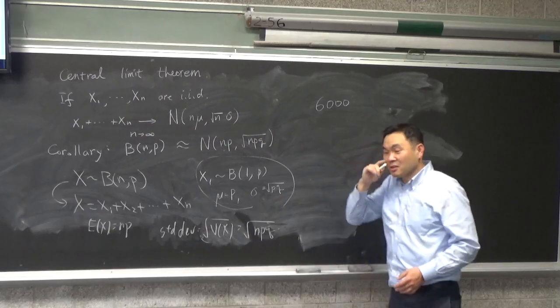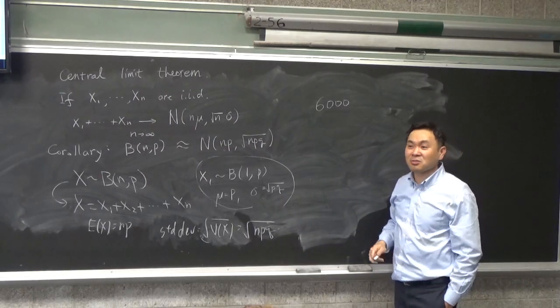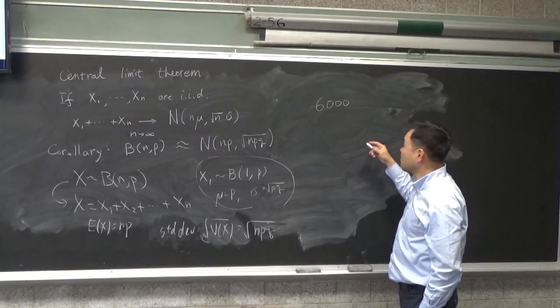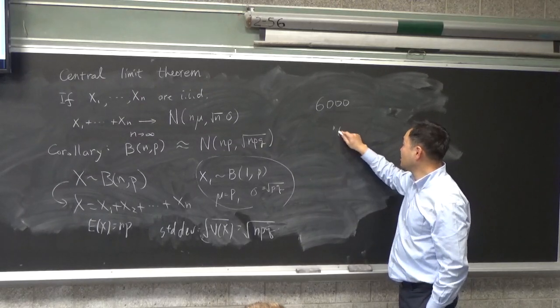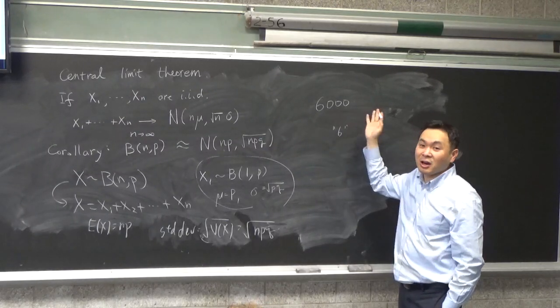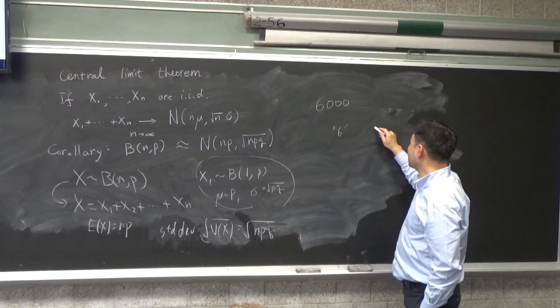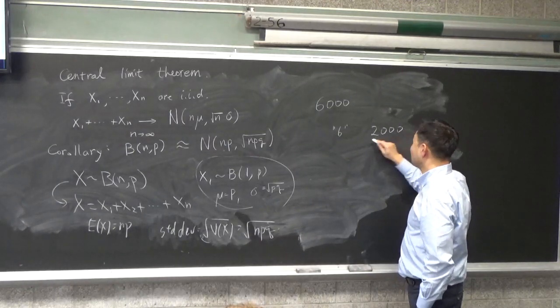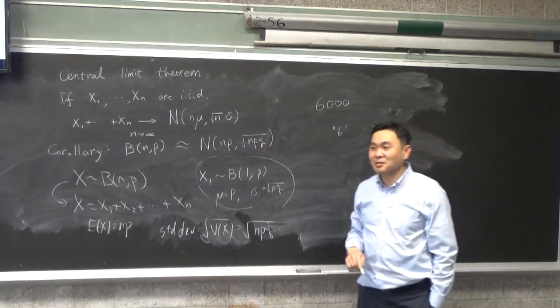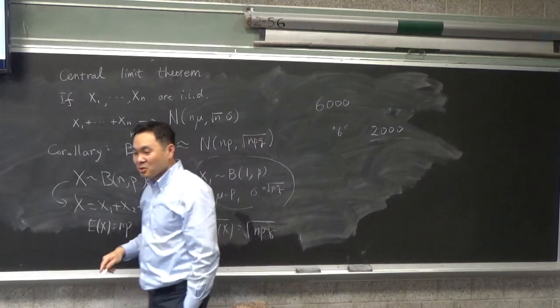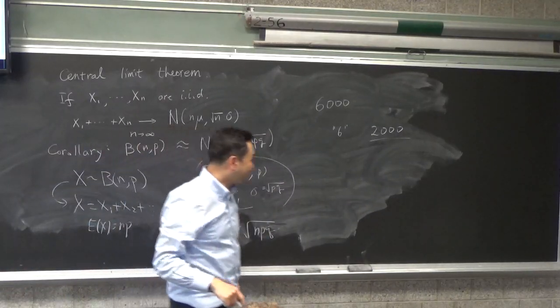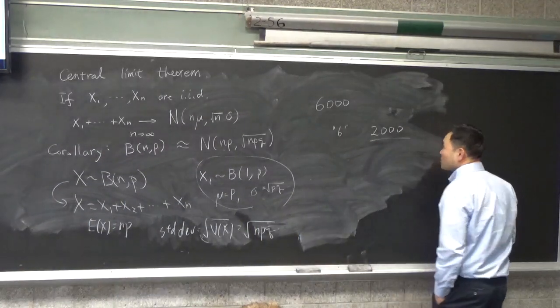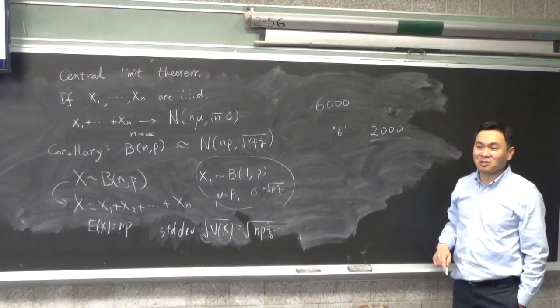And if out of the 6,000 times, your dice rolled number 6, say, 2,000 times, then you would start questioning, is this really outrageous, or is it possible?